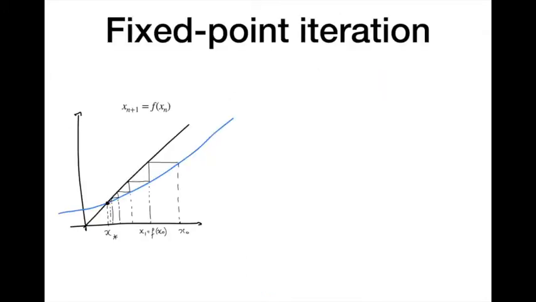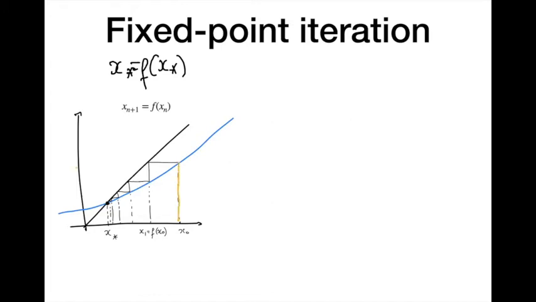So fixed points, let me just remind you quickly what this is about. You want to find x star equals f of x star. That's this point here, where the blue curve f touches the diagonal. You start from a random guess, x0.